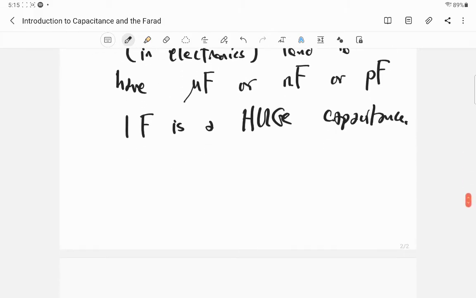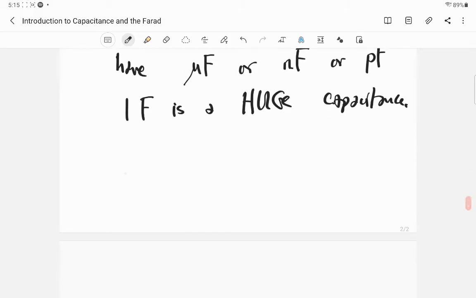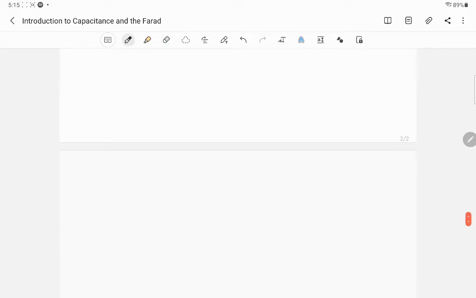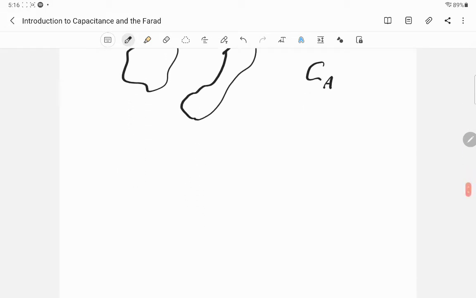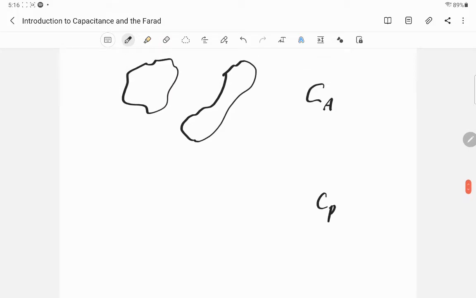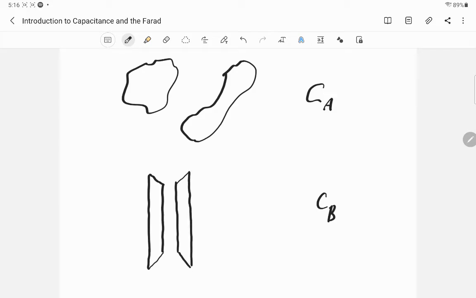Okay, so one last thing is, remember that our capacitors are just 2 pieces of metal, right? So here's a piece of metal and here is another piece of metal. And this capacitor, I could call it capacitor A, is in general going to have a different capacitance than this capacitor. For example, let's take a really, really big flat sheet of metal and separate it by a small distance from another big flat sheet of metal, right?